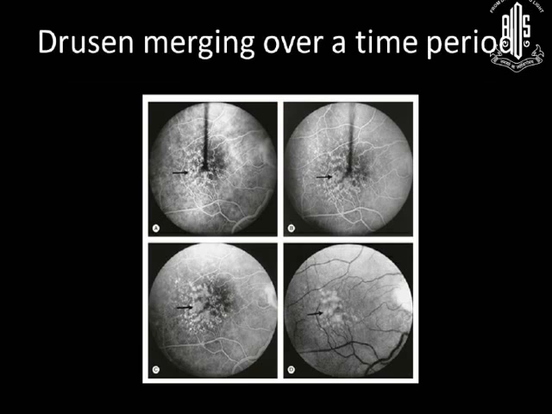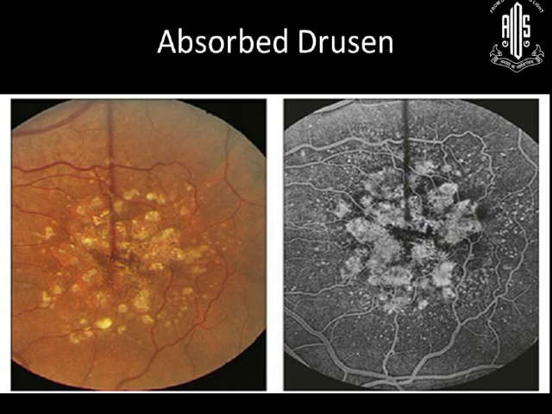It will take a very, very long time as it is developing, and patterns develop in fluorescein angiography, as shown in slides A, B, C, and D. Absorbed drusen. Drusen with the passage of time is sometimes absorbed, but when we do fluorescein angiography in the late phase, there is hyperfluorescence and a very good pattern we can see there.